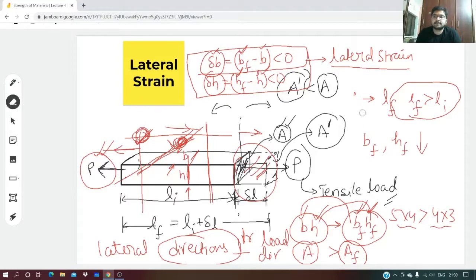Again, the formula is the same. What is the formula for strains, particularly normal strains?